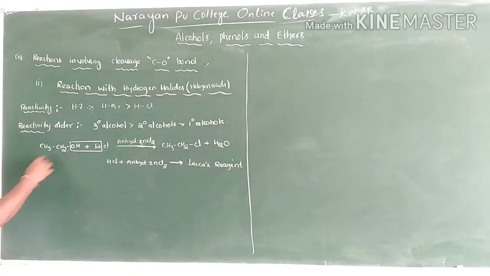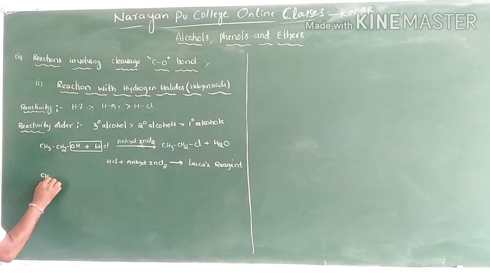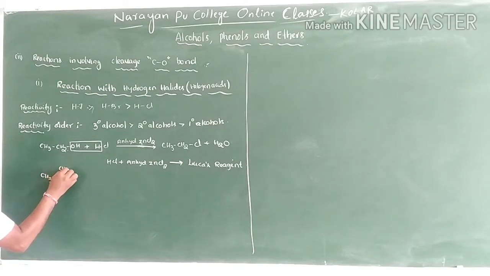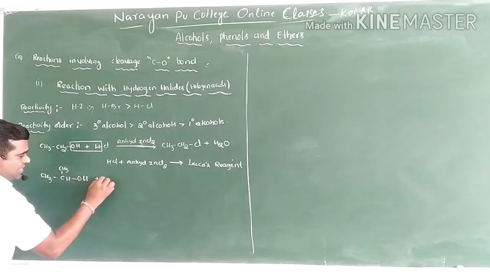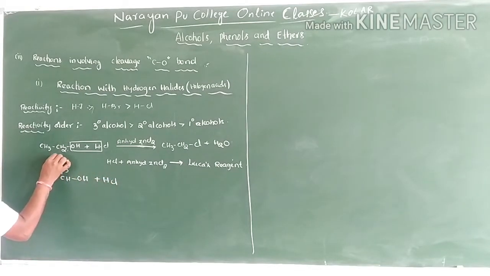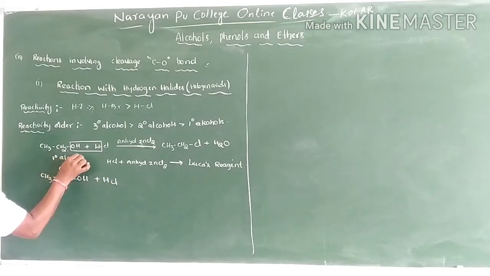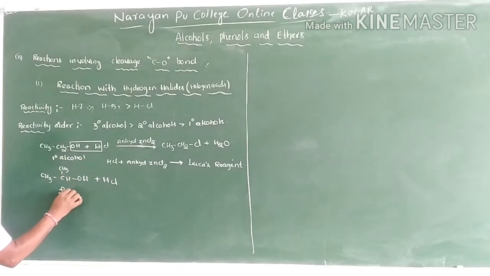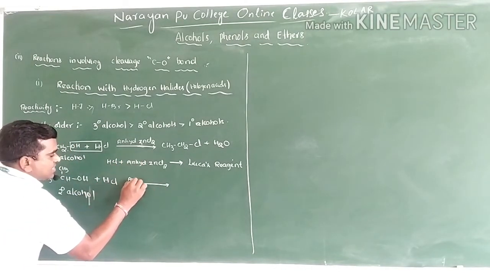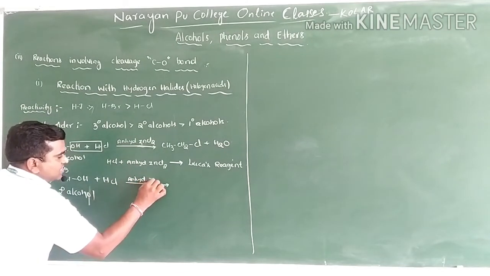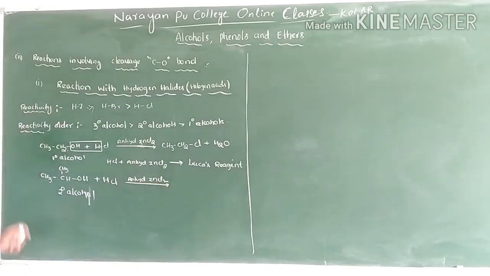Clear? And in the same way, the secondary alcohol. For the secondary alcohol I will write CH3CH(OH)CH3, and it reacts with HCl. This was a primary alcohol, and this is a secondary alcohol, with anhydrous zinc chloride as a catalyst.